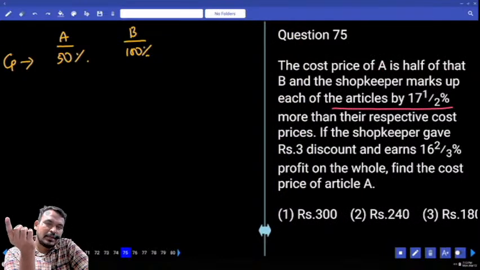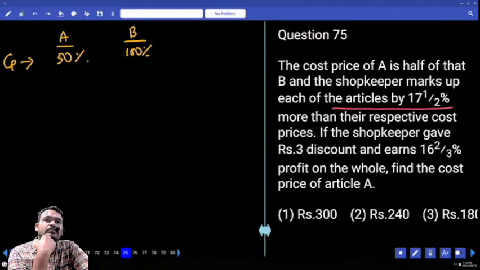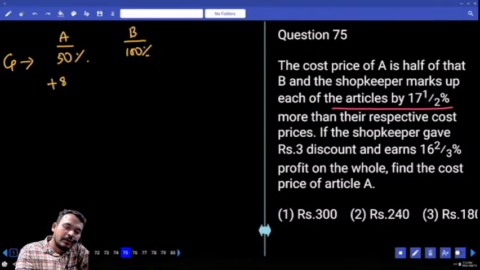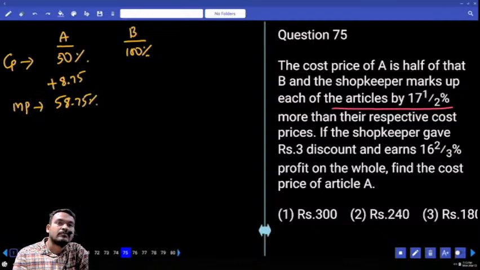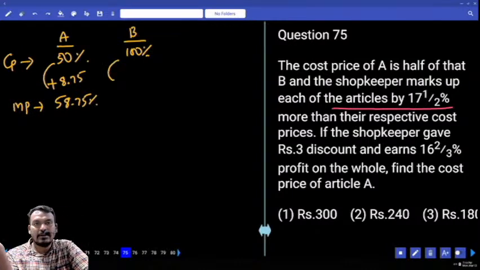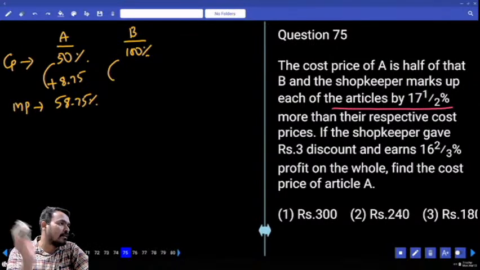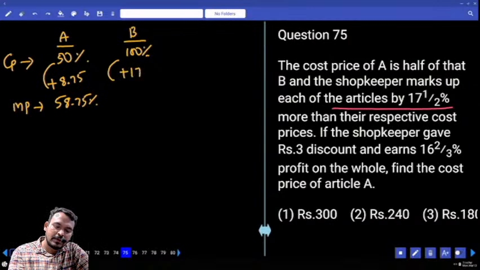First one is 17.5% of 50, or not? Means 50% of 17.5. 8.75, or not? 8.75. After adding, what is the market price? 58.75%. Next, the second one also, how much percent is the markup? 17.5%. 17.5% means 17.5% of 100, so plus 17.5.